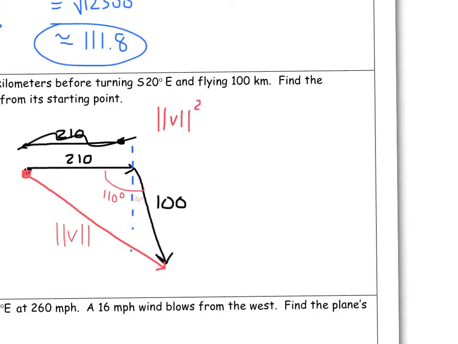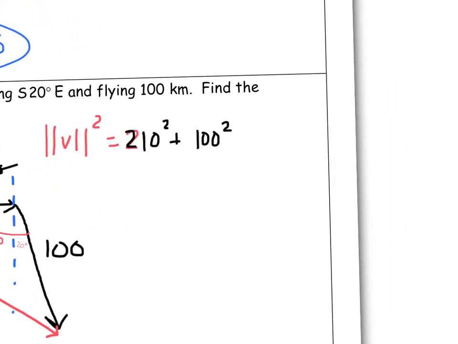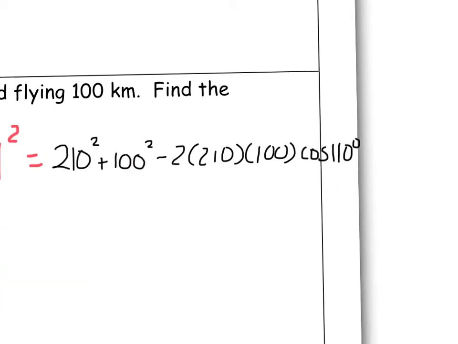So remember, this squared equals 210 squared plus 100 squared minus 2 times 210 times 100 times the cosine of 110. That's cleaned up a little bit there. All right, so approximately 261.66. So that would be a kilometer measurement.